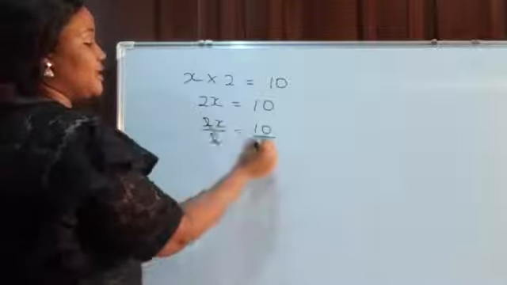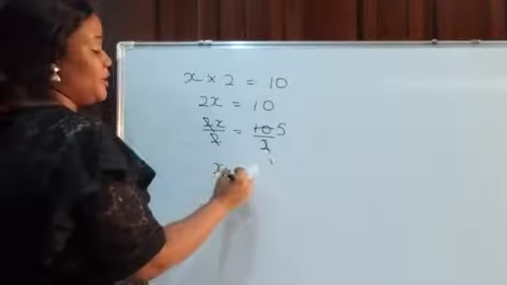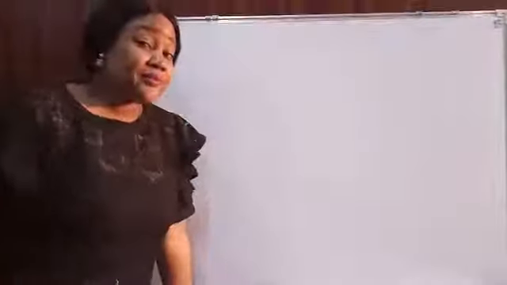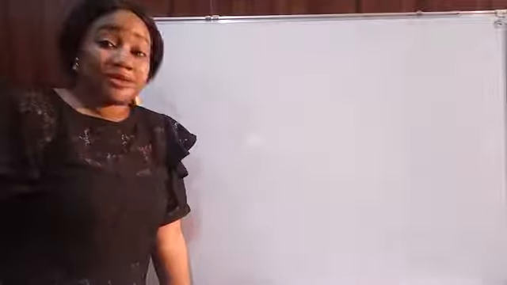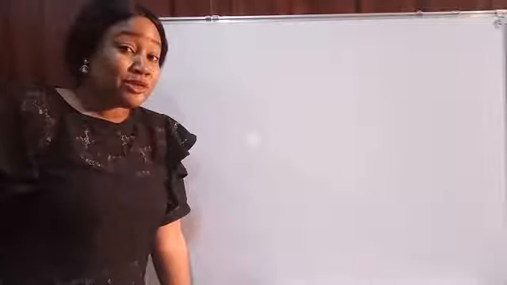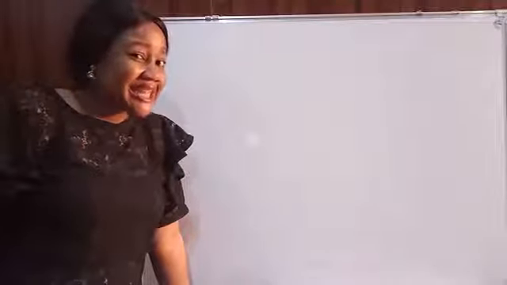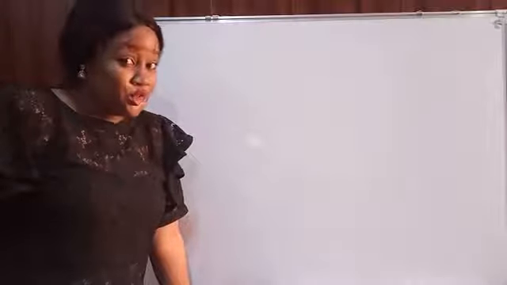Cancel here. Cancel 5. We have x equals 5. So basically, in solving equations, you're trying to find your unknowns. So you have to do everything possible and legal, at least mathematically legal, to find your unknowns.